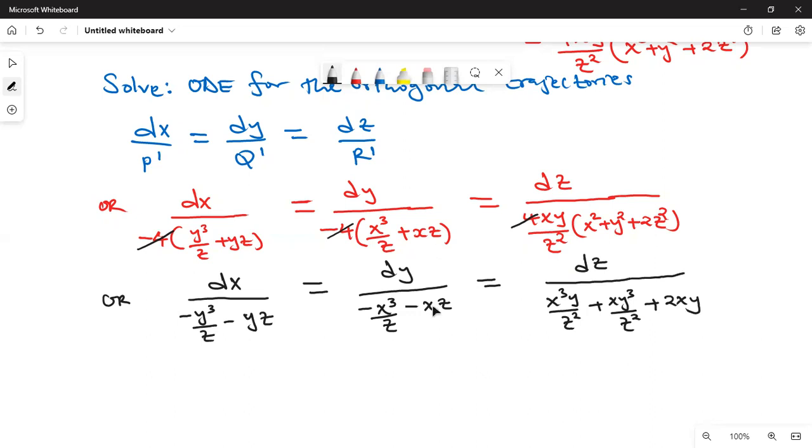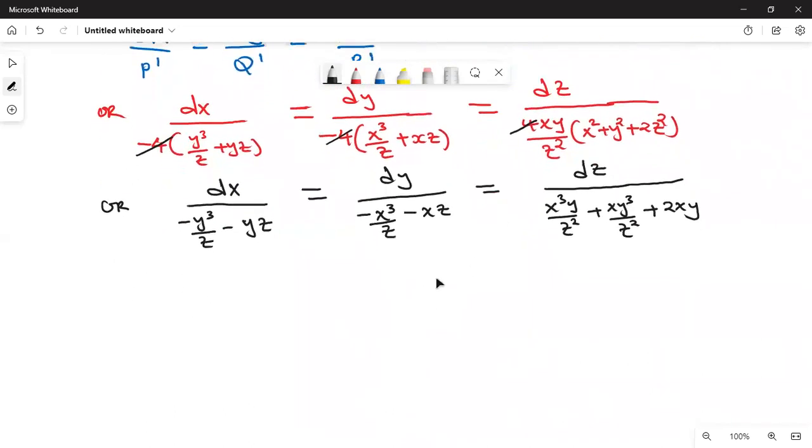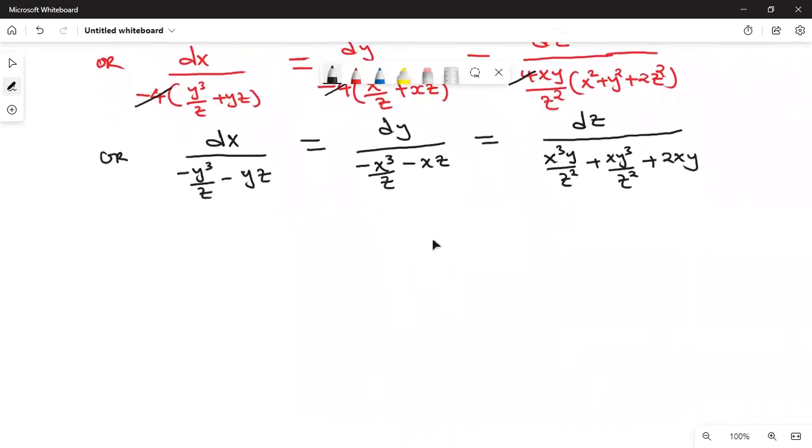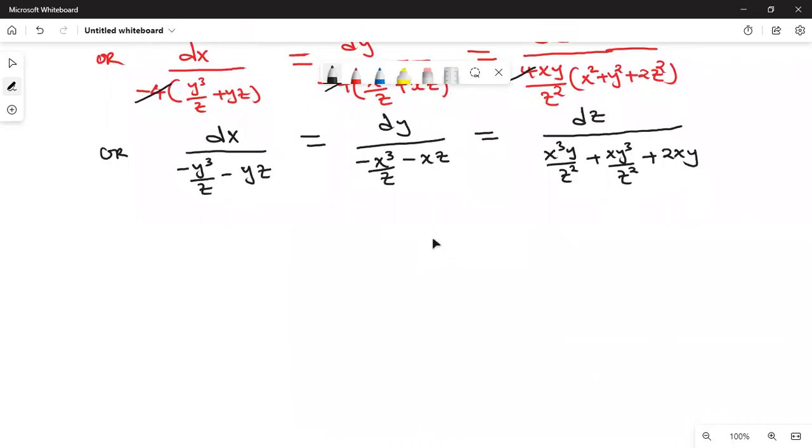Now let's solve this. What we need are just 2 unique solutions. I know you can find more than 2, but we are only interested in 2 unique solutions. And remember, when it comes to orthogonal trajectories, the given family F equals 0 will be one of the solutions that you're looking for.